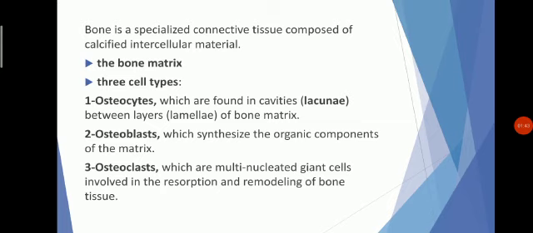Number two are osteoblasts, which synthesize the organic components of the matrix. And number three are the osteoclasts, which are multinucleated giant cells involved in the resorption and remodeling of bone tissue. So, three types of cells: osteocytes, osteoblasts, and osteoclasts.